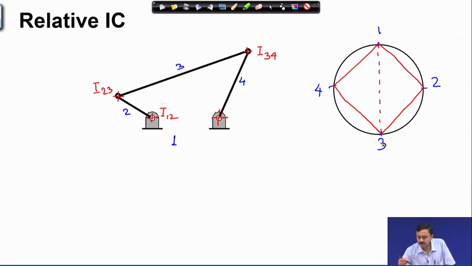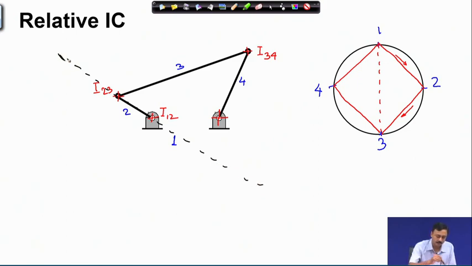The answer is yes. We need to find out two independent paths between 1 and 3. Why we need it will get cleared very soon. So, one path is I12 and I23. So, I13 must lie on this line as per the Aronhold-Kennedy theorem.